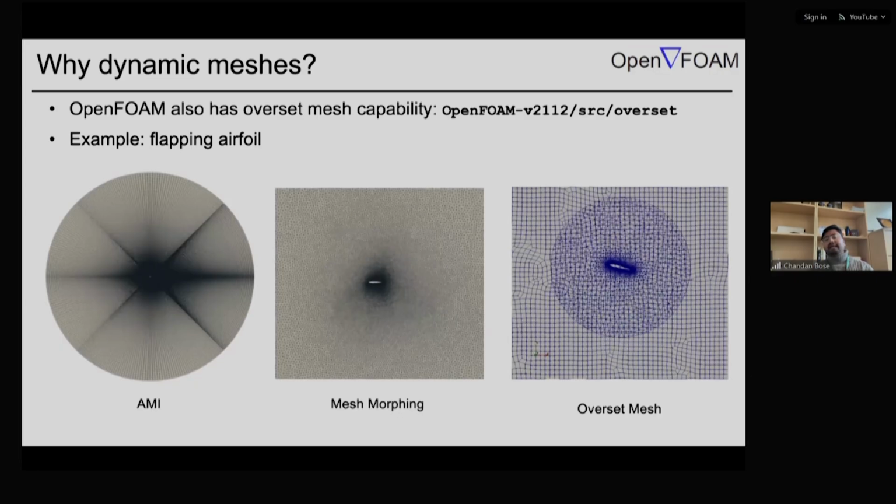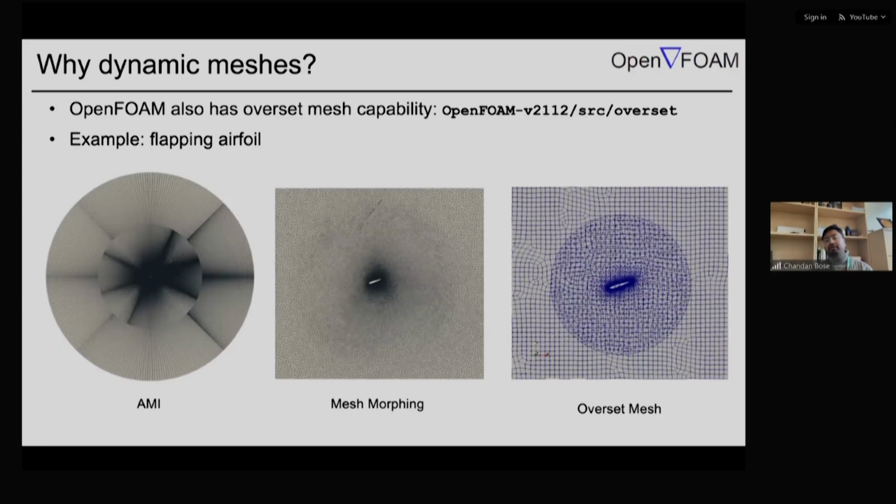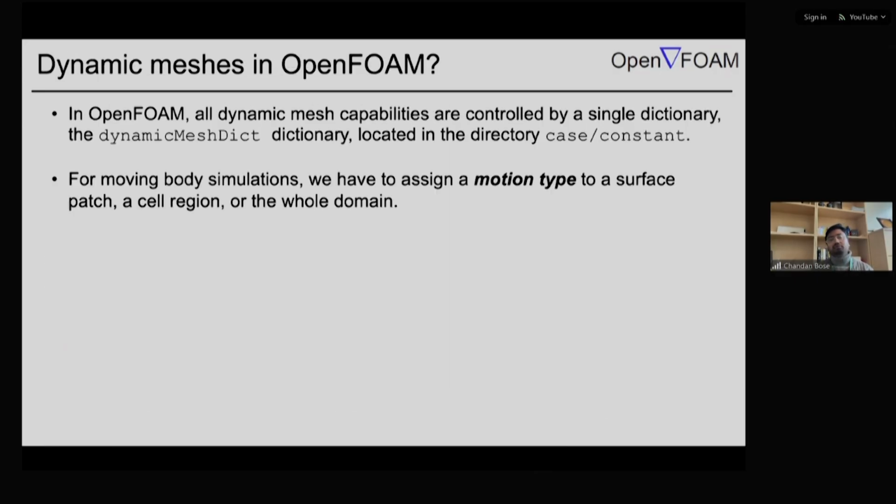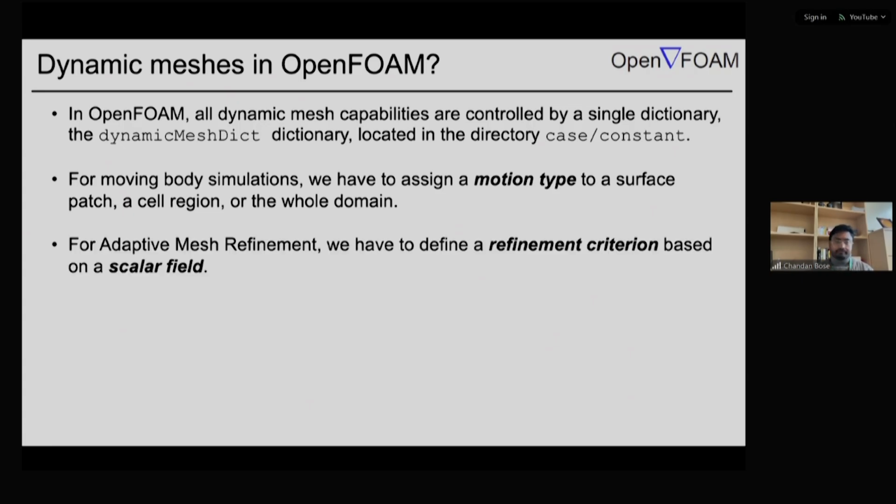And that can also be implemented in a different way by assigning this motion to the patch, which is just the airfoil patch. So you have to take into account that you can do it in different ways. One way of defining this motion type is either to assign it to a patch or to a cell volume or cell region, or in a different problem, which I will come to in a while, we can assign the motion to the whole domain.